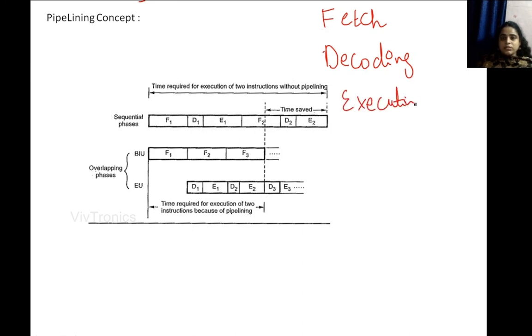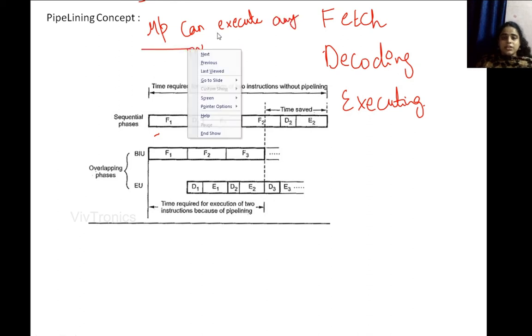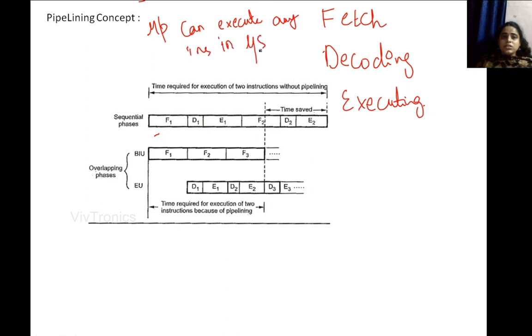I have told you a physical definition of a microprocessor, and let me tell you the functional definition. A microprocessor is a device which can execute any instruction in microseconds.